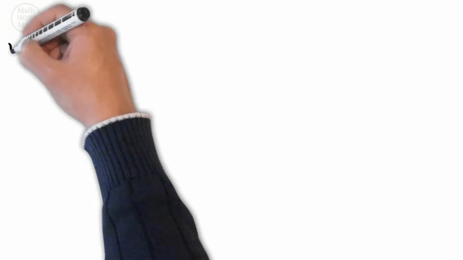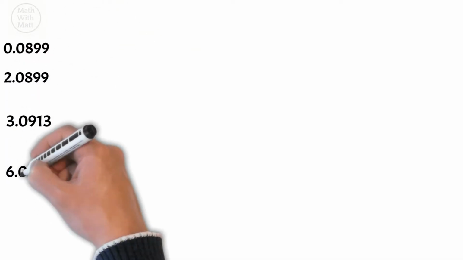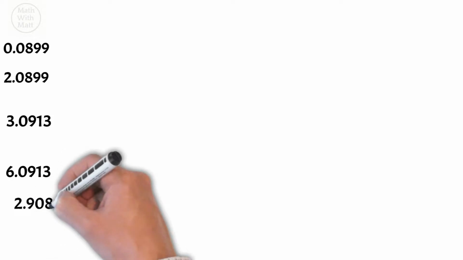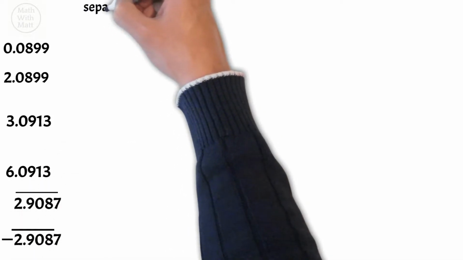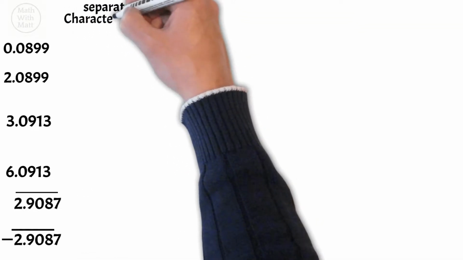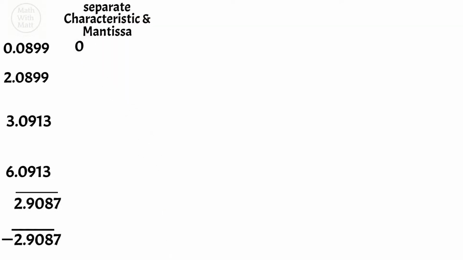Now let's revise the entire process of how we undo the log effect and regain the original value from using antilog. This will give us a good overview of everything, and probably help us understand antilog better. To the left side we write down some values, which we will convert using antilog table. Now we separate the value into two parts, the whole number, which is characteristic, and the fraction, that is the mantissa.